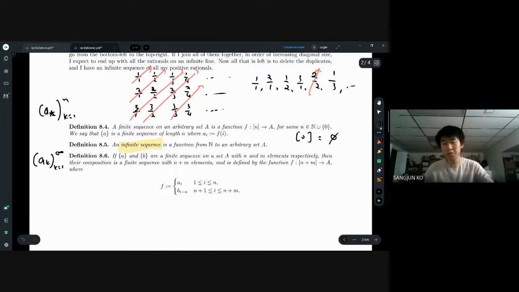So if these two are finite sequences with n and m elements respectively, then we say their composition is a finite sequence with n plus m elements and is defined by this function. Basically, the idea is we're just going to concatenate these two finite sequences together.